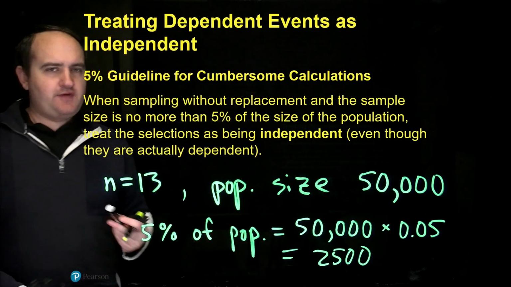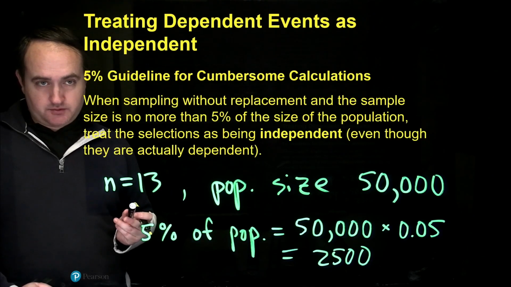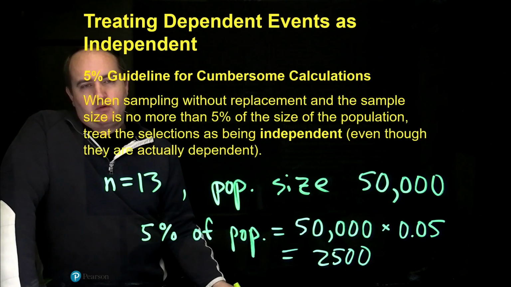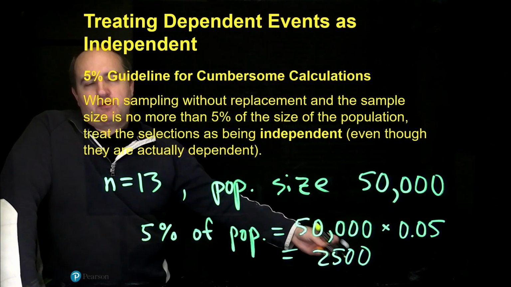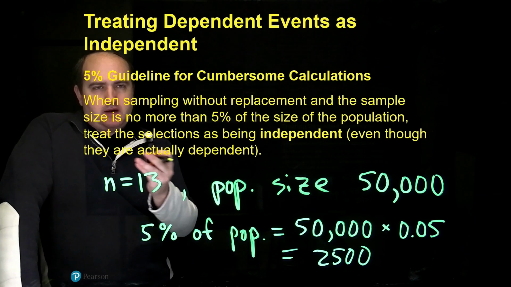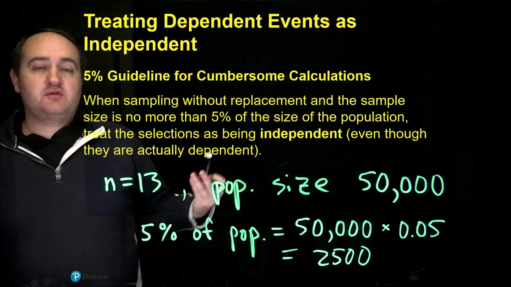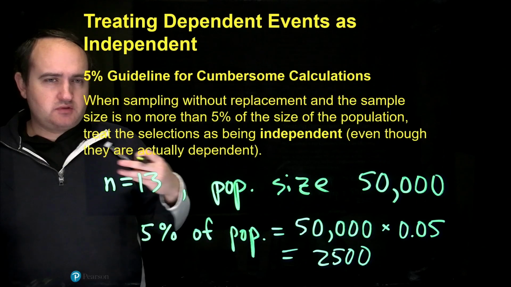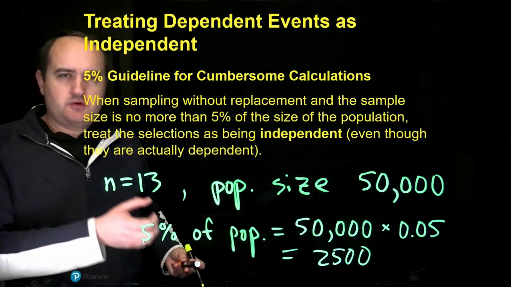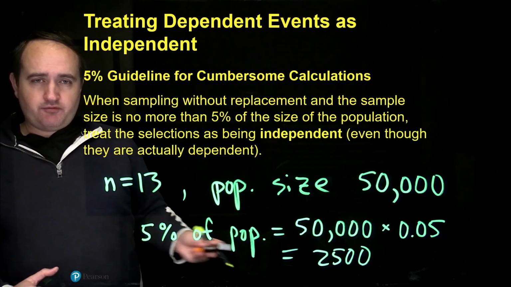So here, if n is 13, the size of our sample, or the number of trials, is clearly less than 5%, right? Because 5% of the population is 2,500 people, and we're only at 13. So this would be an example of where the 5% guideline for cumbersome calculations tells us that we can just treat these selections as being independent, even if, as we're drawing these 13 people for our trials, we're not putting them back.